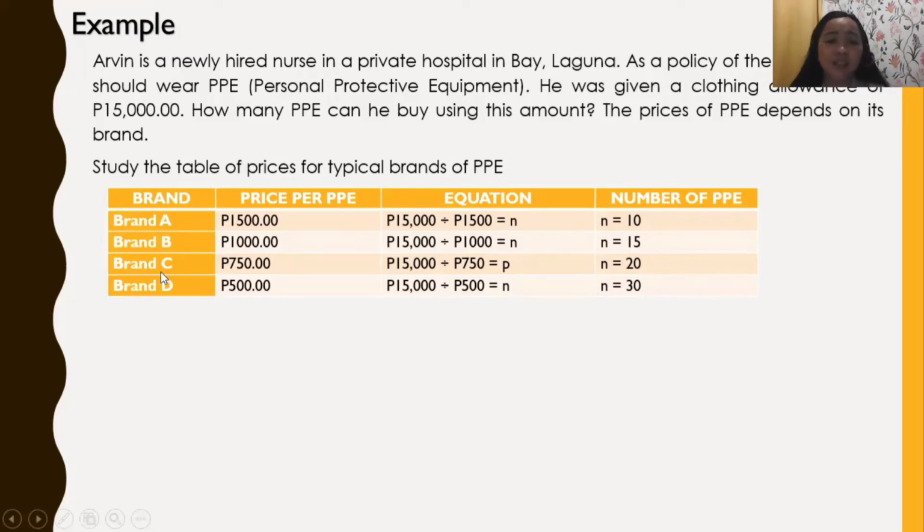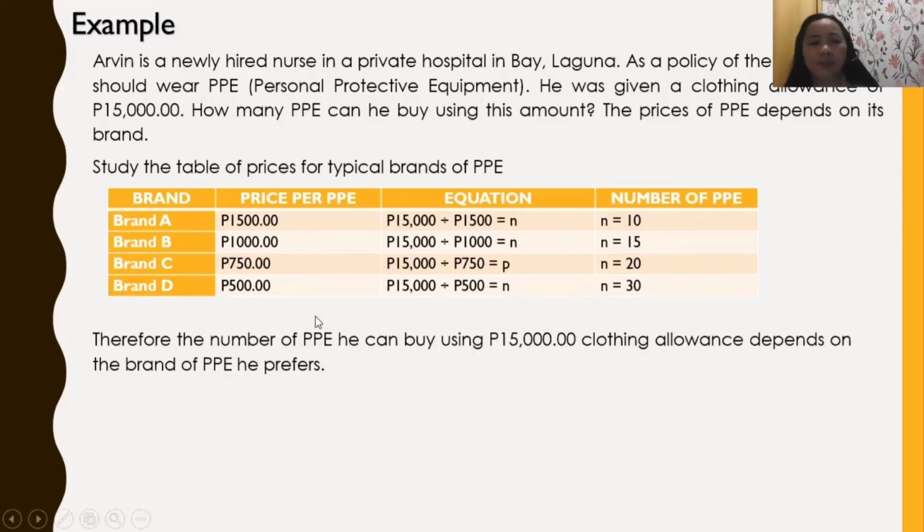And for brand C, 750 ang isa. So he will get 20 PPEs using brand C. And then the last brand is brand D, which is, I think, the cheapest among the brands. 500 pesos ang isa at makakabili siya ng 30 PPE using his 15,000 clothing allowance.